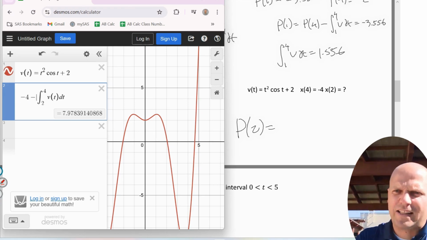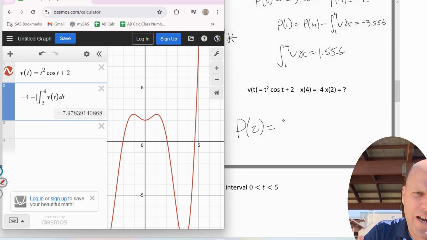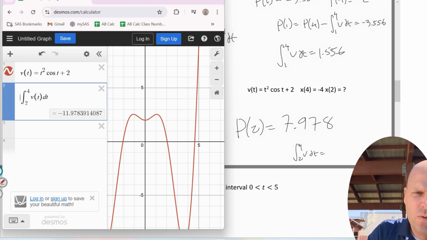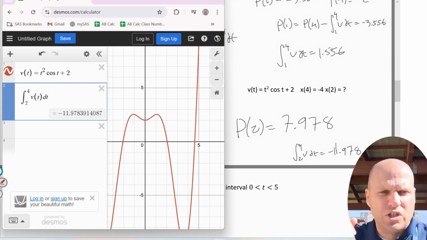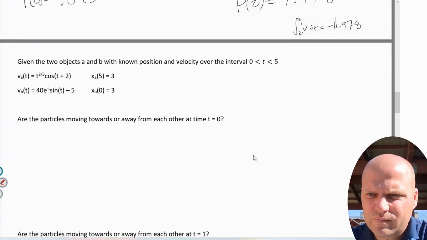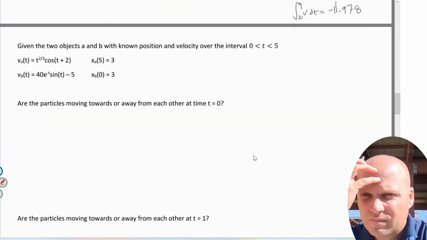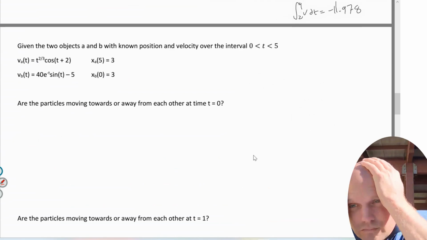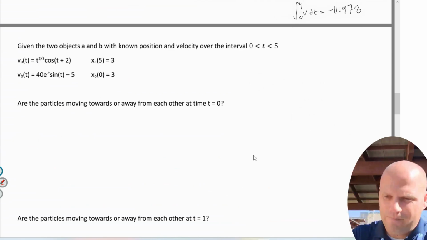So if I subtract that negative, I get that I must have come from 7.978 because the accumulation from 2 to 4 was -11.978. That is how much my position decreases from 2 to 4, and I get great.